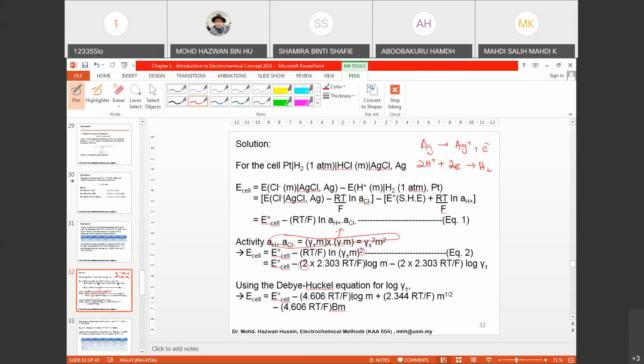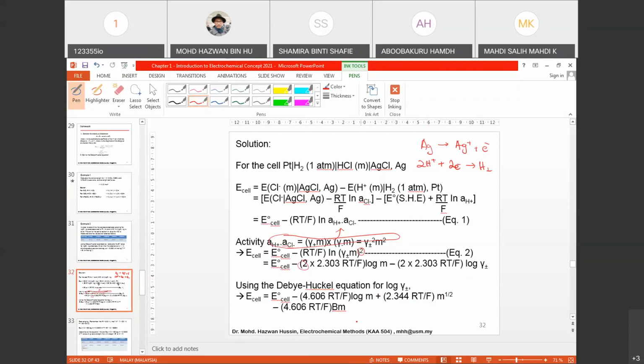So using the Debye equation for log gamma plus minus, you'll see that I substitute log gamma plus minus with a value over here.